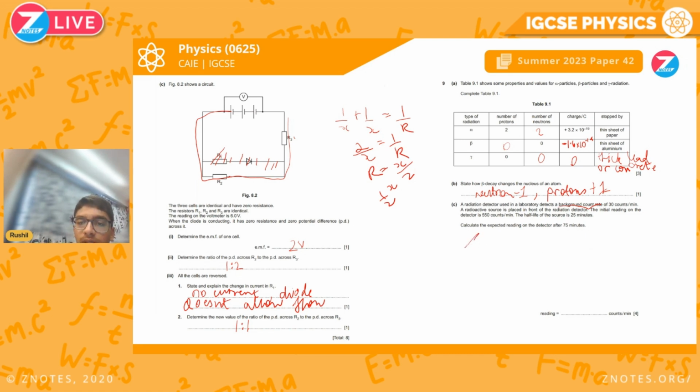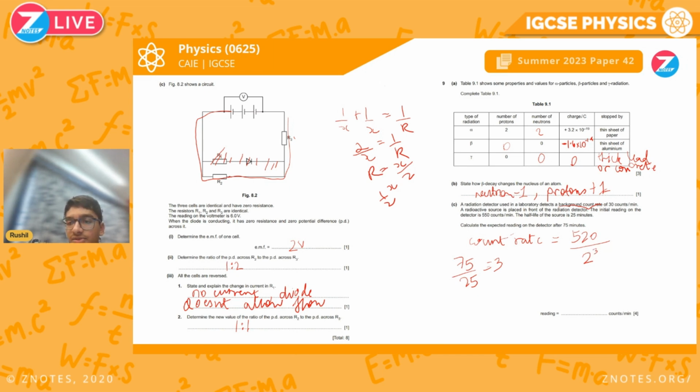We also know there's a formula for count rate after a certain amount of time, which is original count rate, in this case 520, divided by 2 to the power x, where x is the number of half-lives. The number of half-lives is time taken, 75 minutes, divided by the half-life, 25, which is 3.